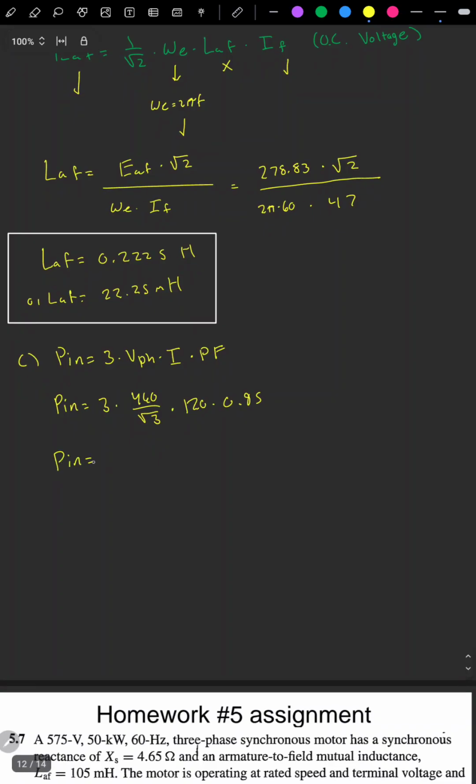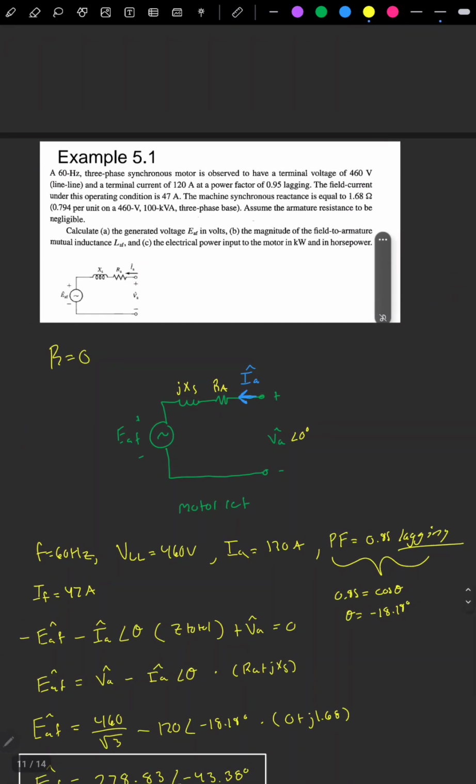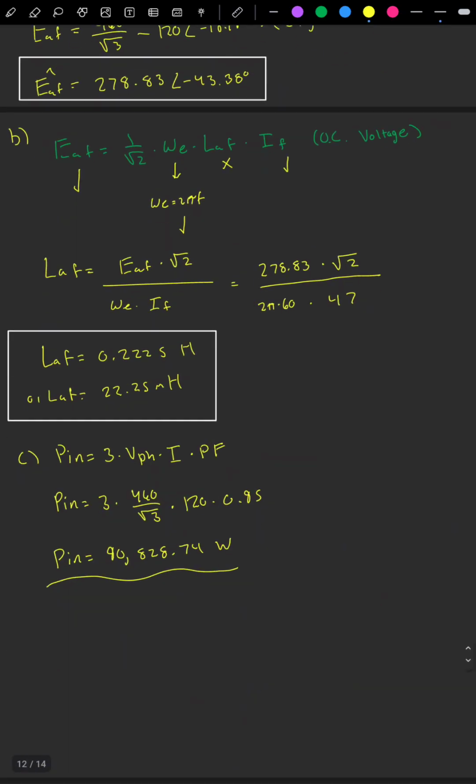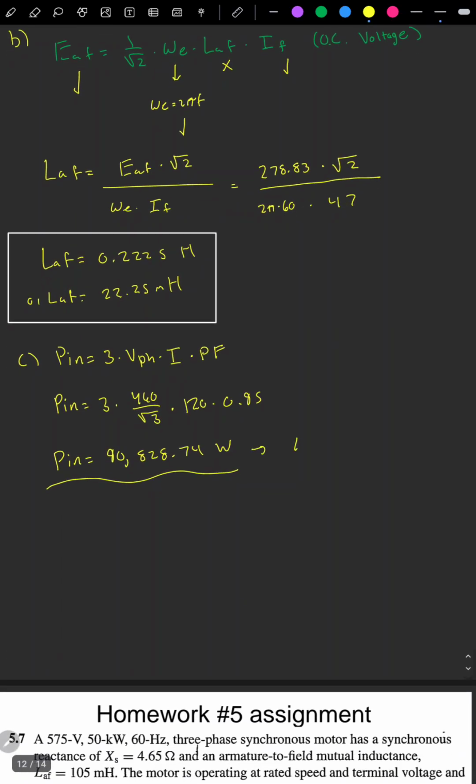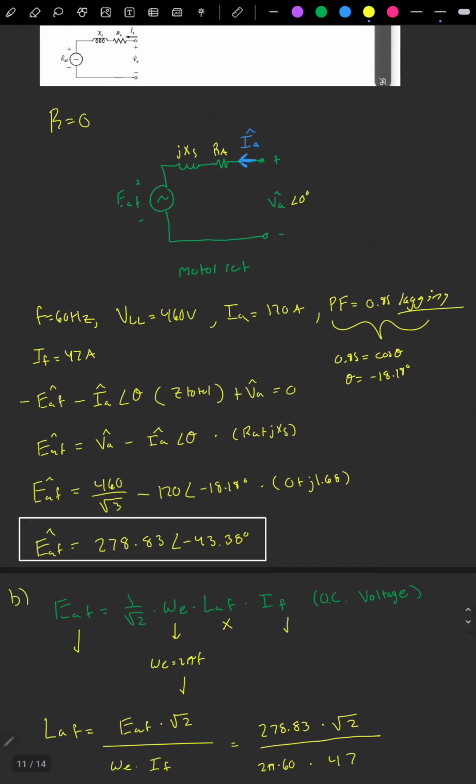So P in is going to equal 90,828.74 watts. So that's in watts. The question asks for kilowatts actually, so that would just be 90.8 kilowatts. You'll see why I kept it in watts in a second.